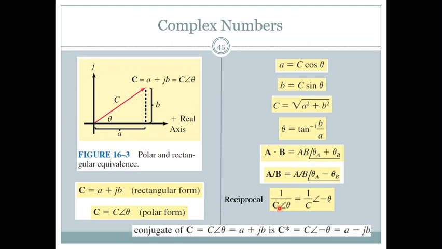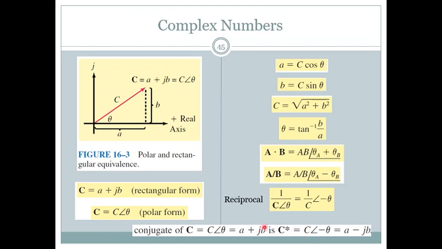And the reciprocal is actually 1 over C, angle minus theta, so we take the angle from the bottom to the top, it will be minus. The complex conjugate of C is C star, which is A minus jB, so the real component will remain unchanged and the imaginary component will be in the reverse direction. That is what the complex conjugate is.